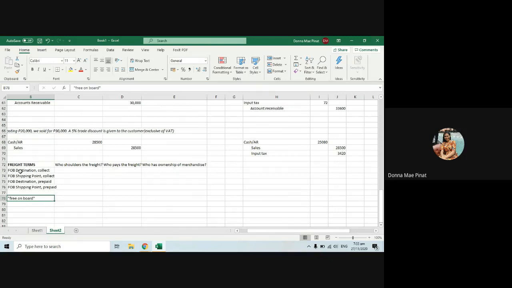So when we say free on board destination, meaning free si destination. Kinsa man ang destination? Normally, that is your buyer. Kung aha paingon ang imong goods.